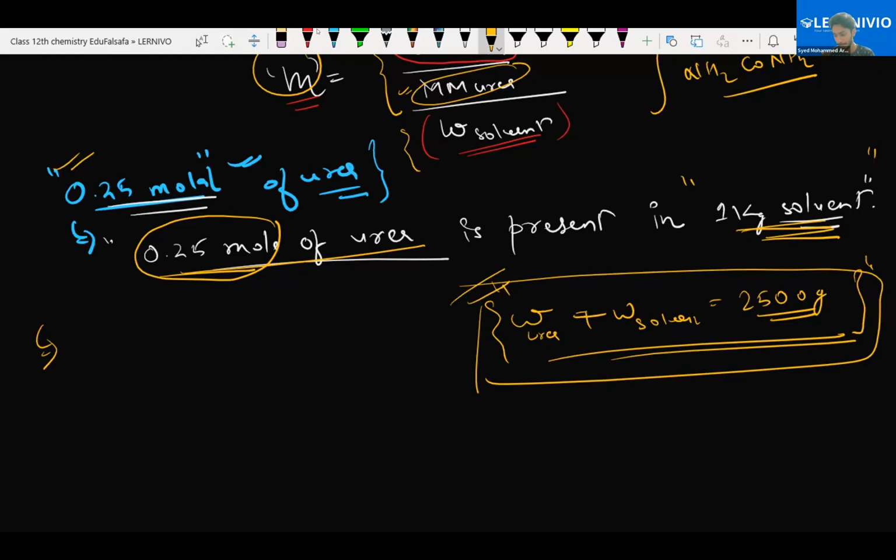We have to find the value of solvent, right? So we add the solute and solvent together. Not multiply, it should be added. You will add those values, then we'll get the value of solvent, I mean. Correct.